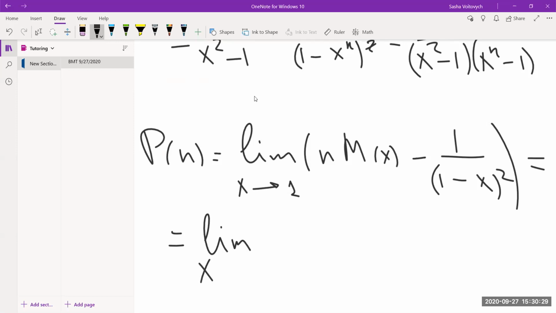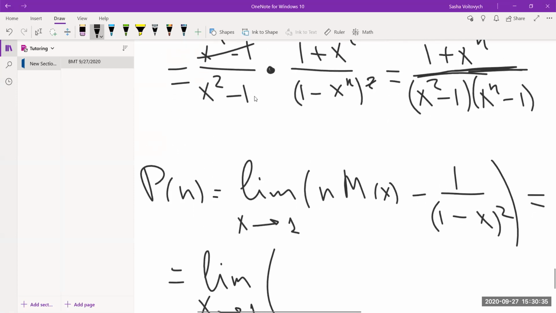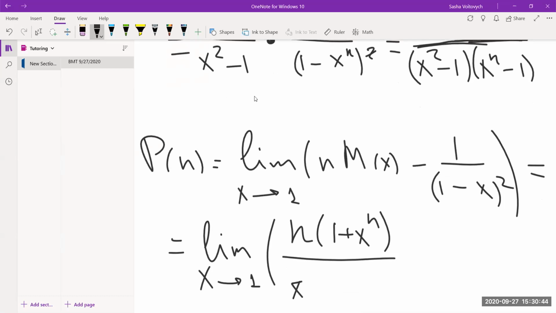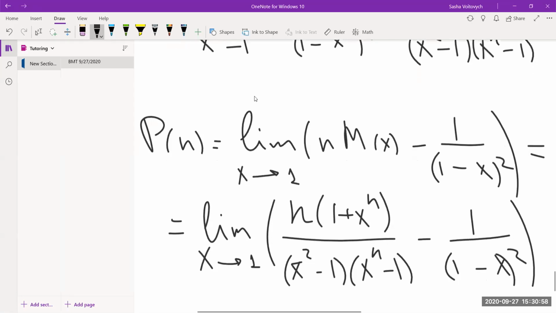So we get the limit as x approaches 1 of n over (1 plus x to the power of n) divided by (x squared minus 1), minus 1 over (1 minus x squared).